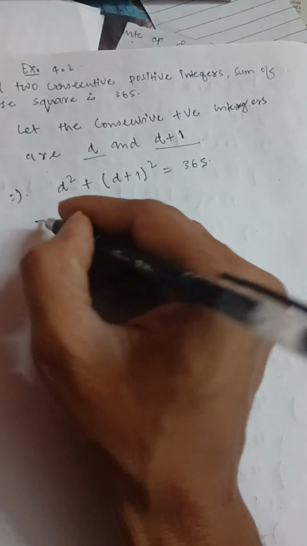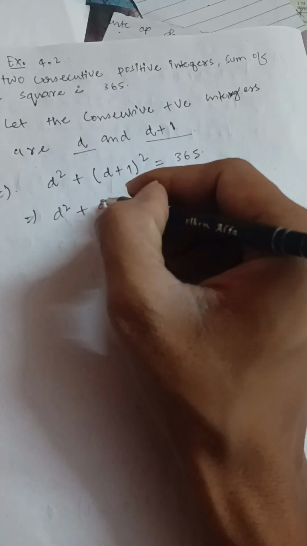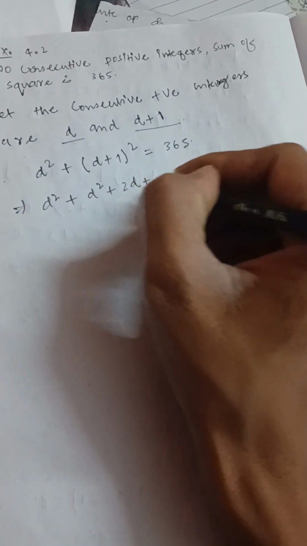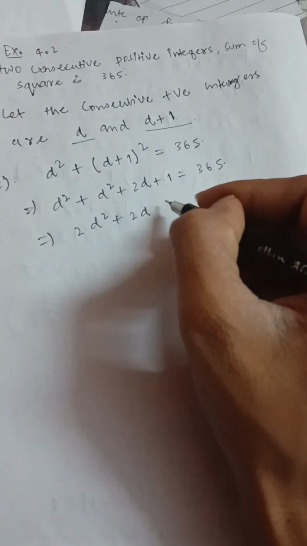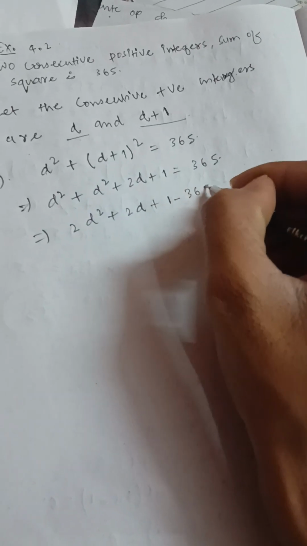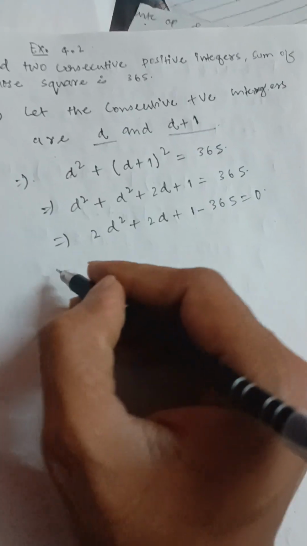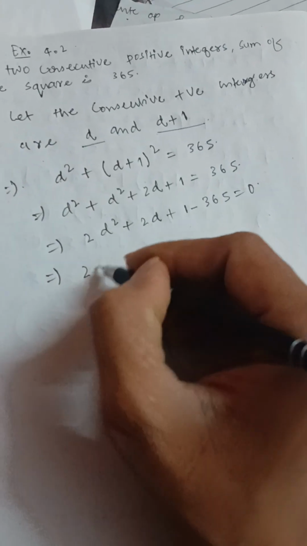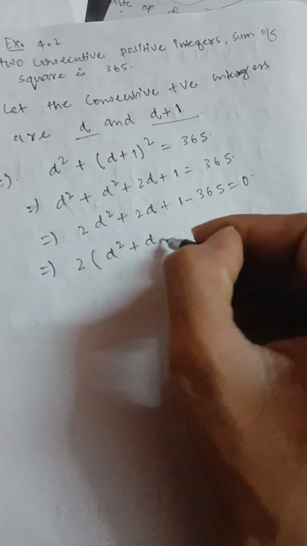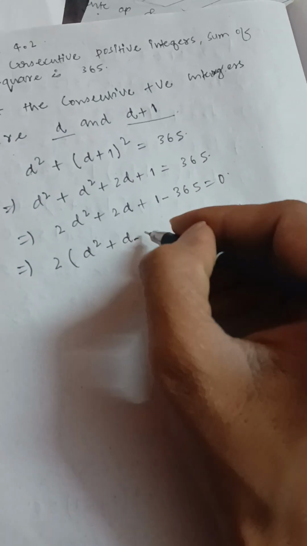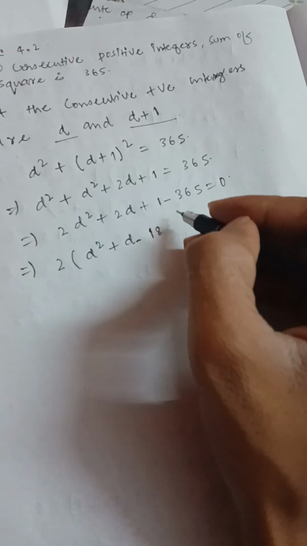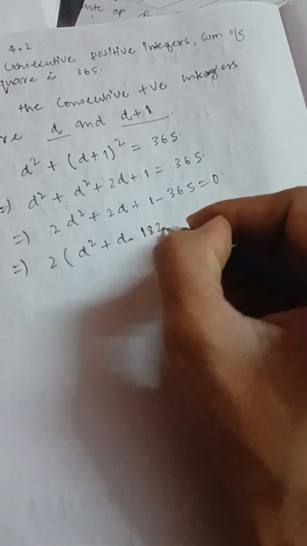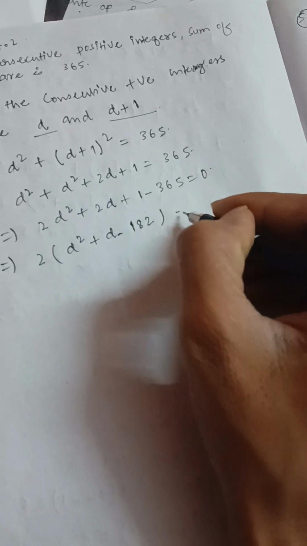Then alpha square plus alpha square plus 2 alpha plus 1 equal to 365, so 2 alpha square plus 2 alpha plus 1 minus 365 equal to 0, and 2 alpha square plus 2 alpha minus 364 equal to 0.